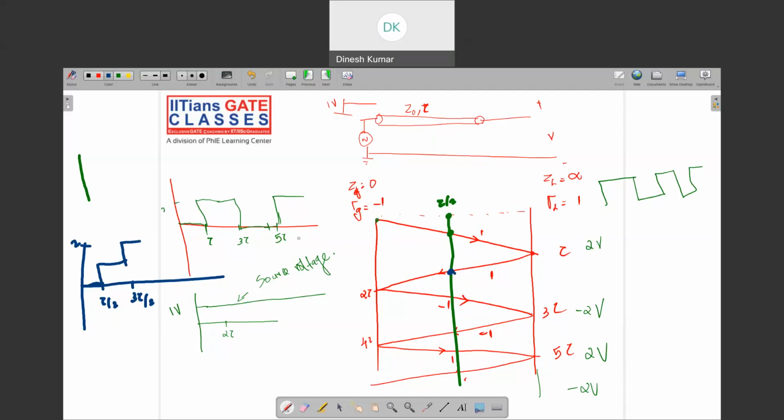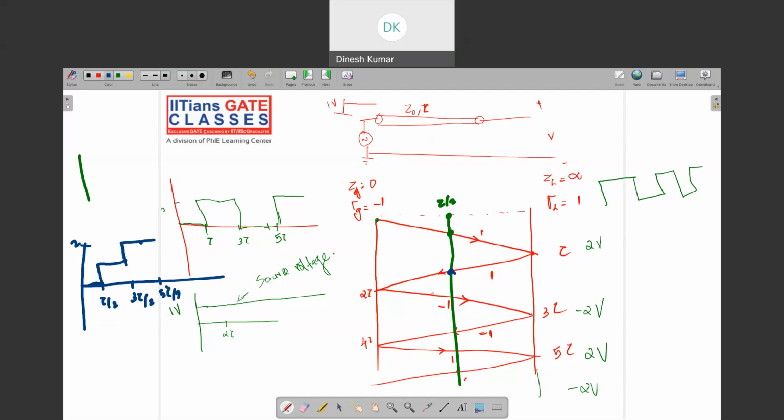Okay. Then 3 tau by 2, 2 tau, then 5 tau by 2. So at 5 tau by 2, we have to add minus 1. So up to 5 tau by 2, it will remain at 2 volt.